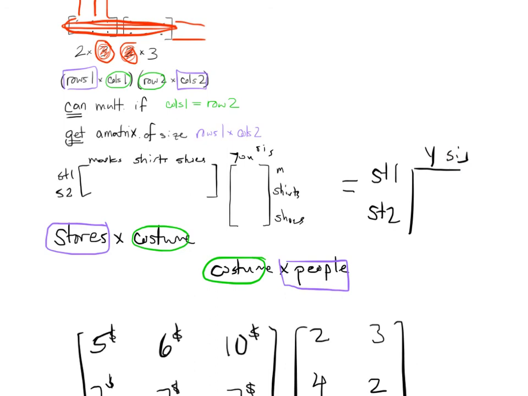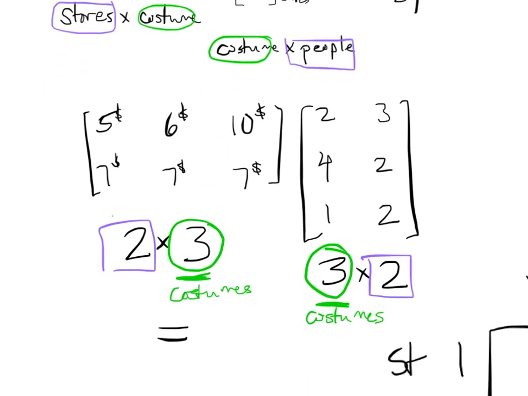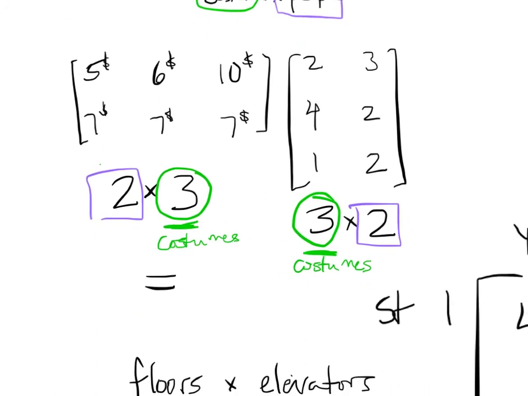The shortcut to recognize the cases that weren't compatible is you just write rows by columns and rows by columns, and you see if these two close numbers are the same.